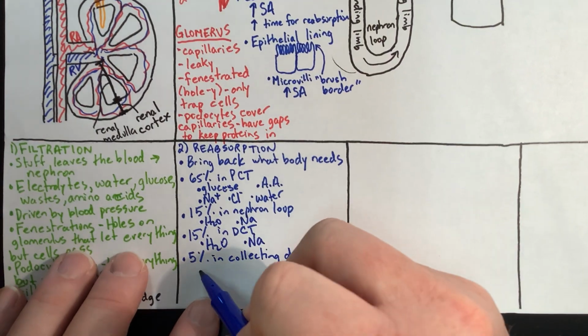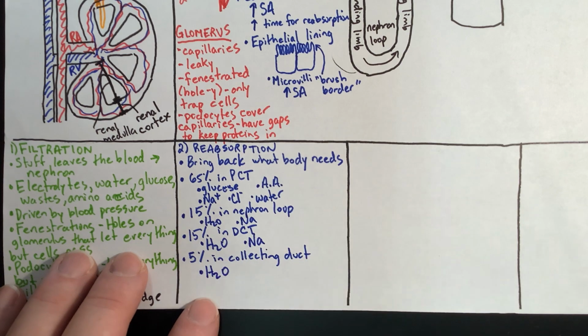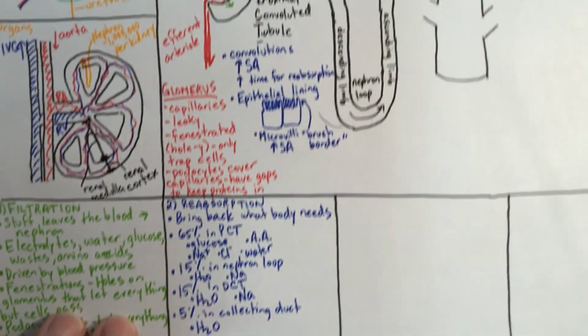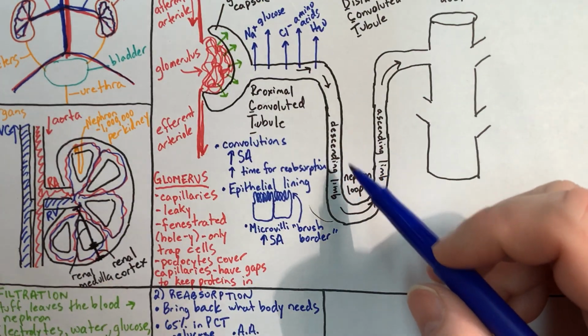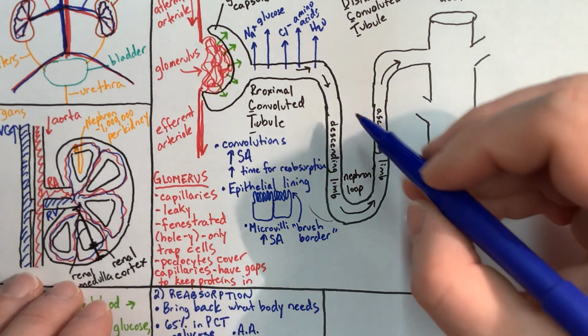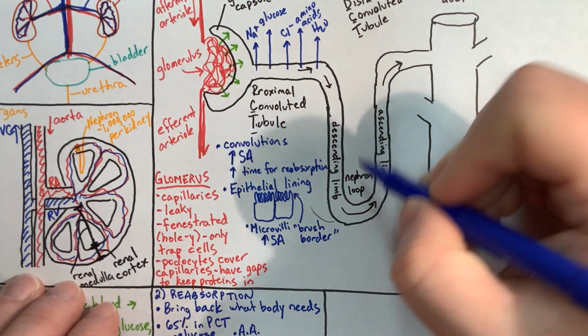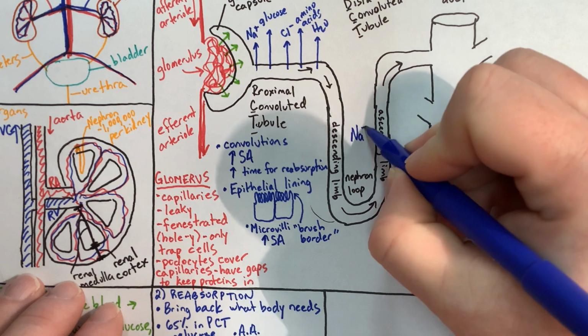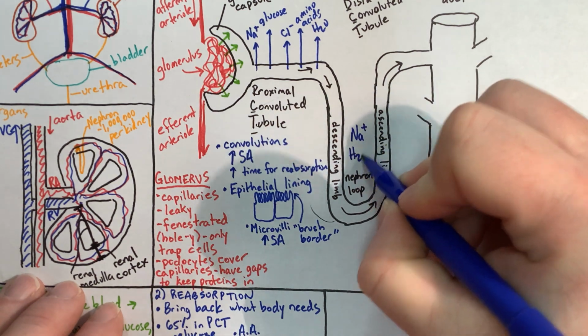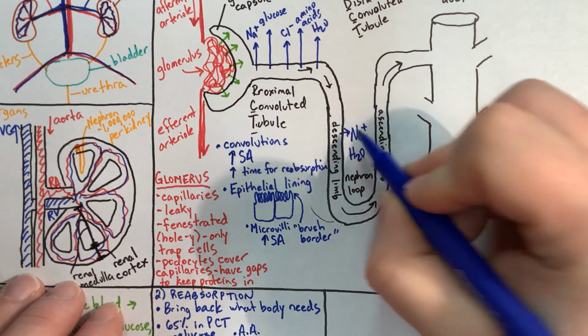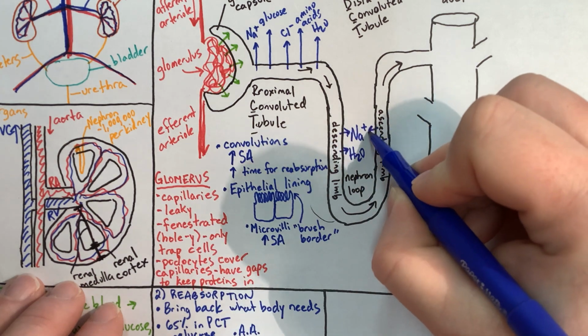And then in the collecting duct, we're pulling out some water. So let's draw that in here. In our nephron loop, we're making this area really salty by pulling out some sodium. And then once the sodium is pulled out, water will follow.